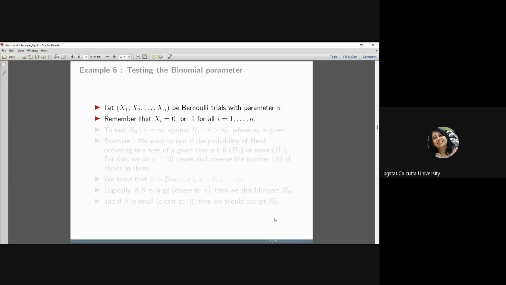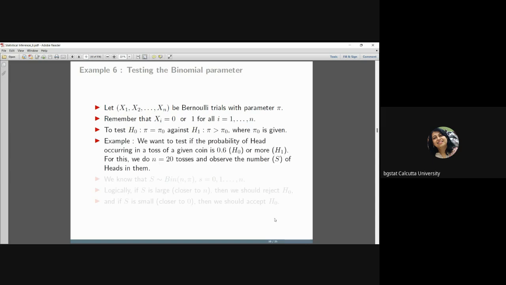We have been looking at testing for the normal distribution. Let us look at a test for another common distribution, which is the binomial, or in case of the binomial size being 1, this is also called the Bernoulli distribution. So let's suppose that x1 to xn are n Bernoulli trials. You can think of tossing coins, for example. It's Bernoulli if the trials are independent and each has two outcomes, success and failure.